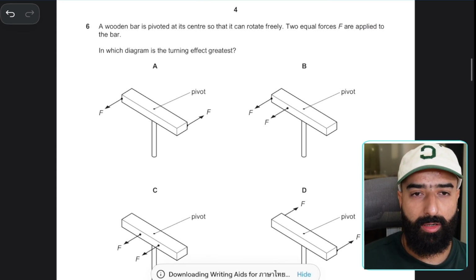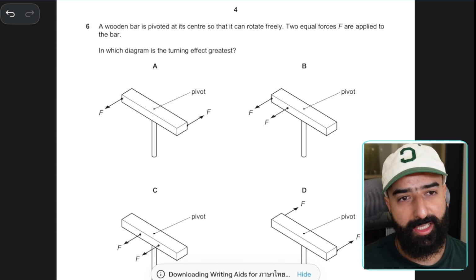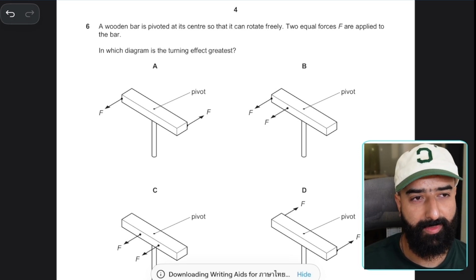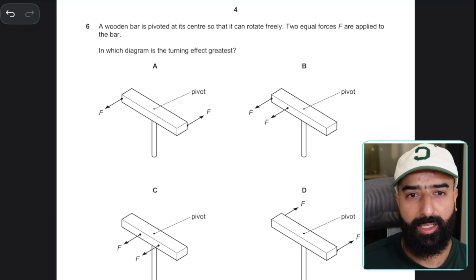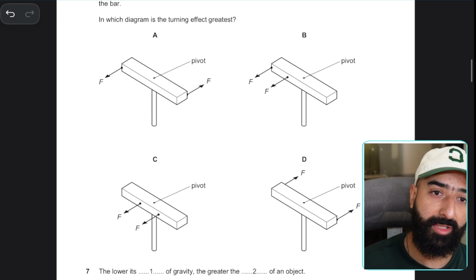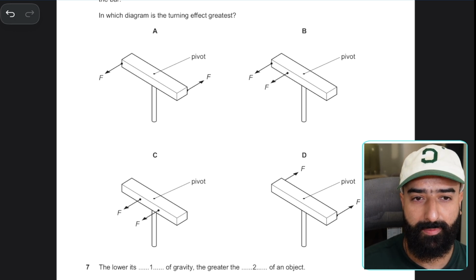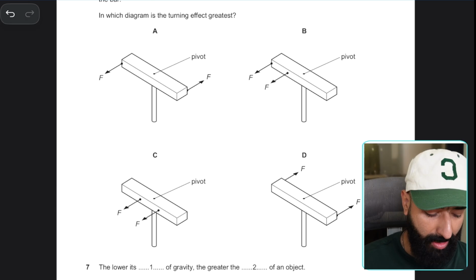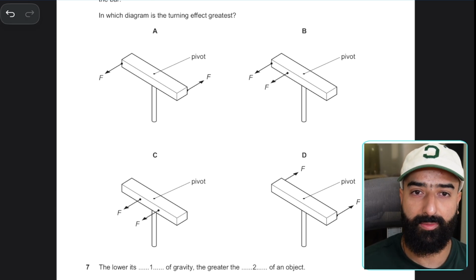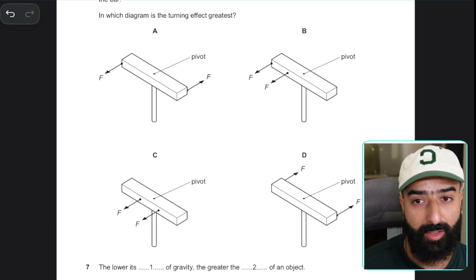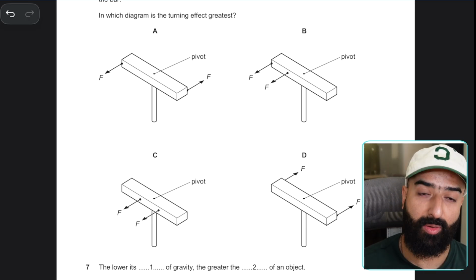A wooden bar is pivoted at its center so it can rotate freely. 2 equal forces are applied to the bar. In which diagram is the turning effect greatest? Now, the turning effect, which is also known as the moment of a force, depends on what?